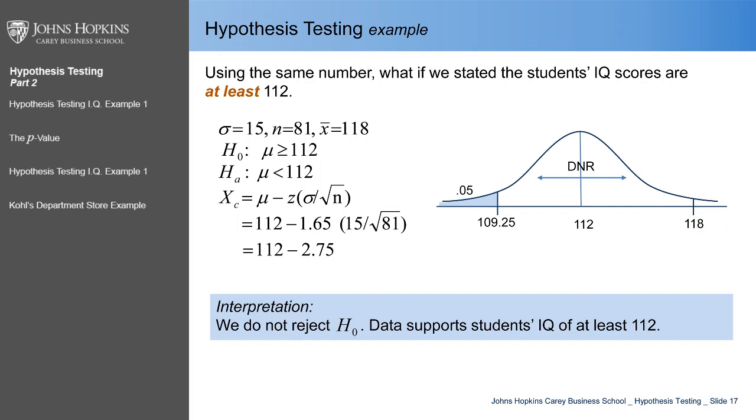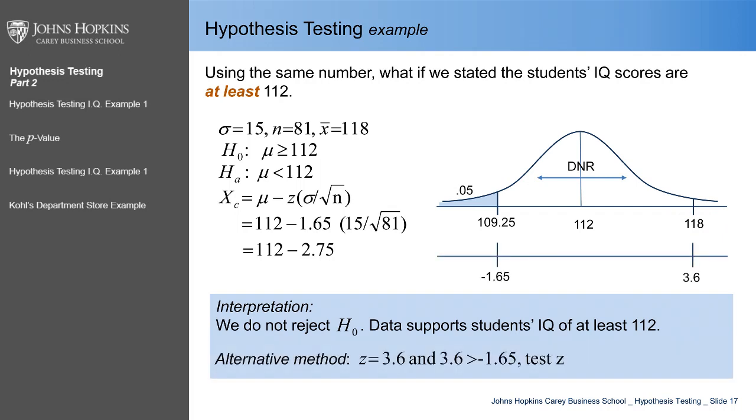You see that the alternative method yields the same result in all three examples, but our test statistic has changed. So now our test statistic is minus 1.65 since we're to the left of the mean, and our value 3.6 is greater than that, so therefore again we do not reject the null.